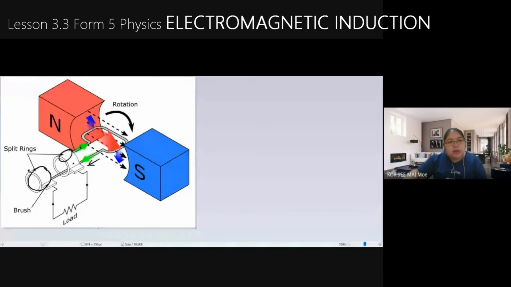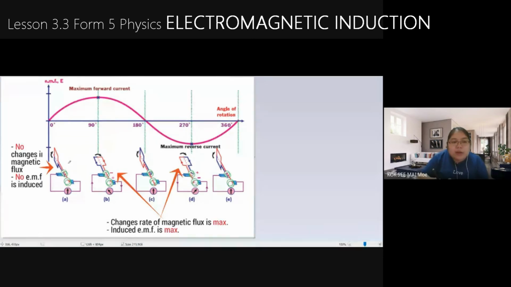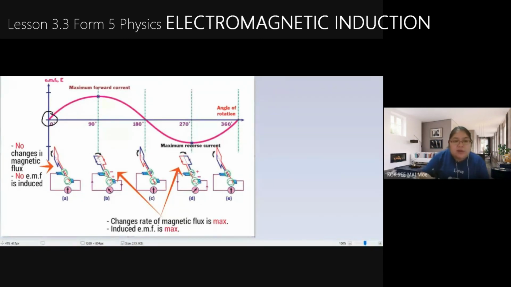Okay, we see how to plot it. This one is the final for the AC. When the coil is vertical, it is parallel, which means no induced current is produced in the external circuit. So the galvanometer never deflects, and the induced current is 0.